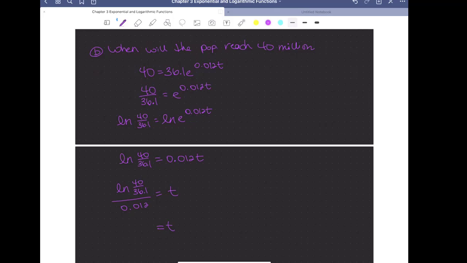We're going to put that into our handy calculator. So the natural log of 40 divided by 36.1, divided by 0.012, is going to give us 8.55.